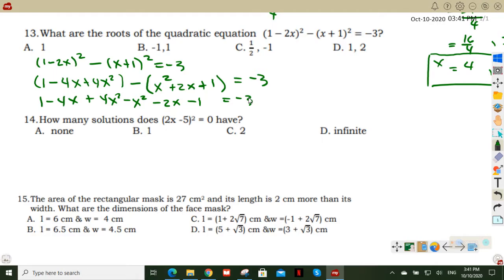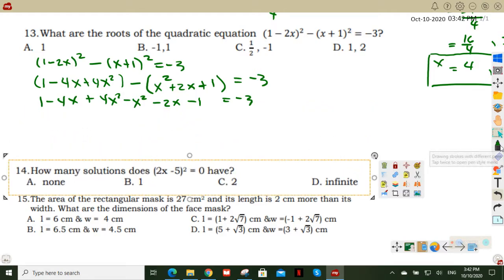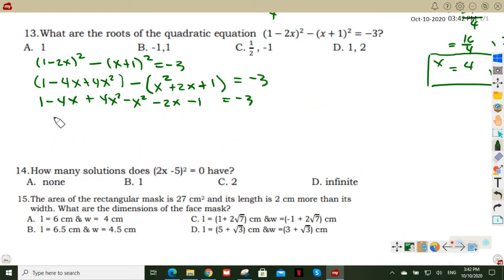So there. So I have now something that I can combine. Okay, so let's do that. First are these terms. So 4x squared minus x squared is 3x squared.